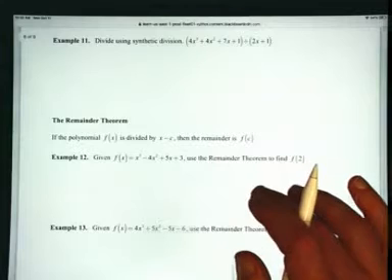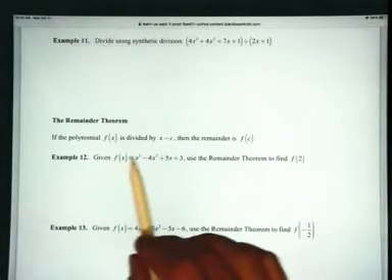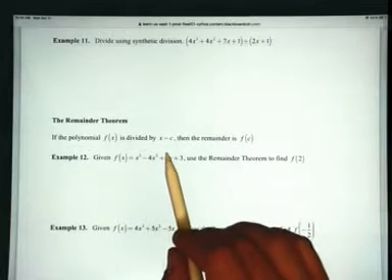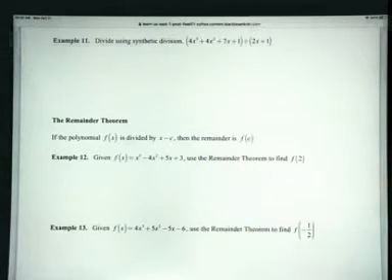Remainder theorem: if a polynomial f of x is divided by x minus c, then the remainder is f at c.